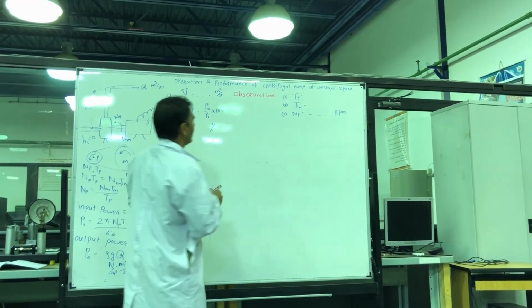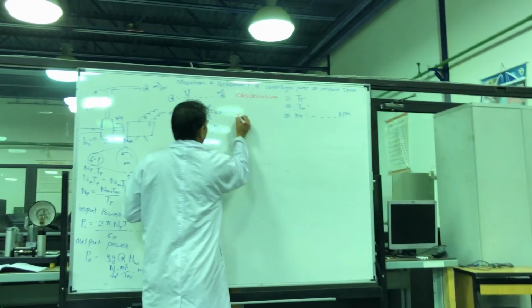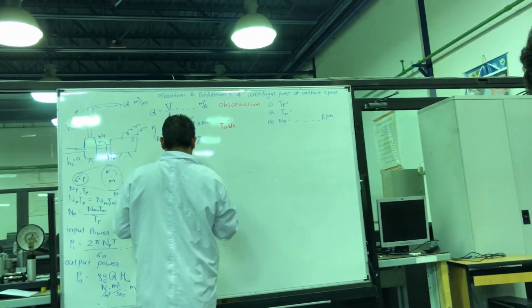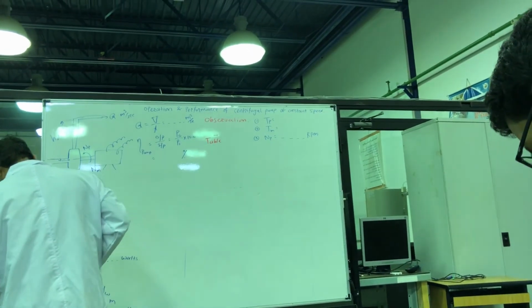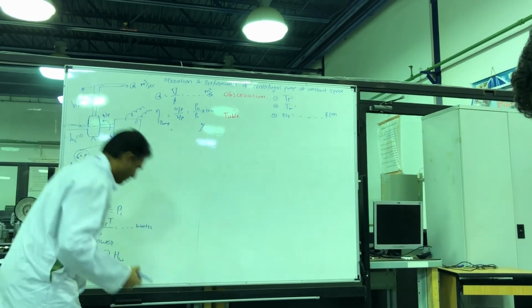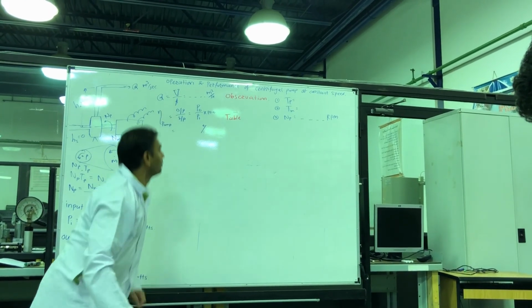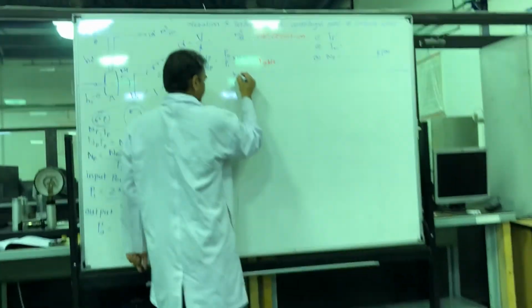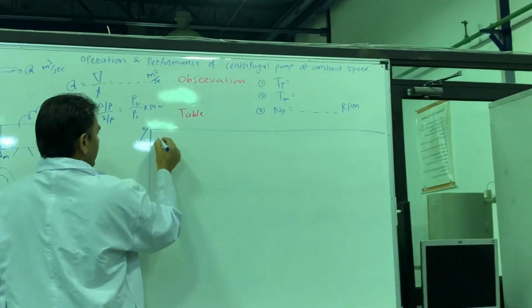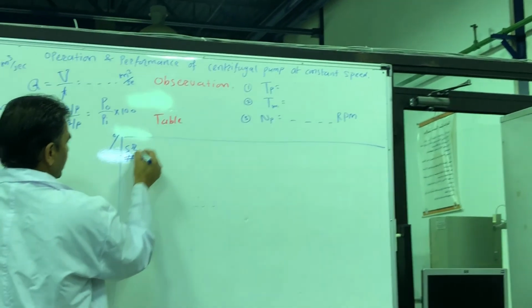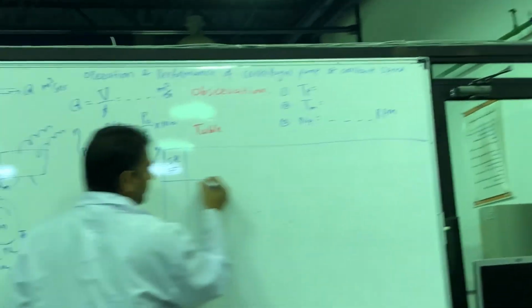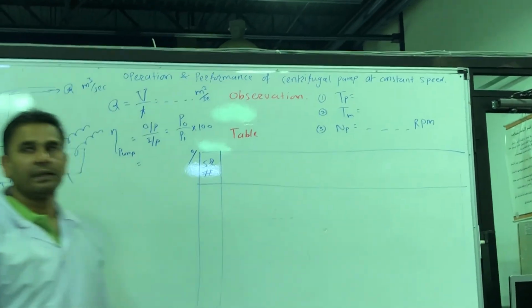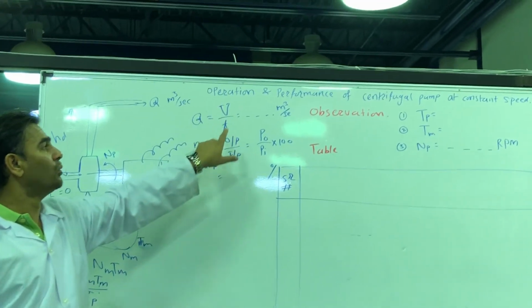Now I will write the table. First, what is my observation? Serial number. First, you don't forget about serial number. Okay. Then volume and time.